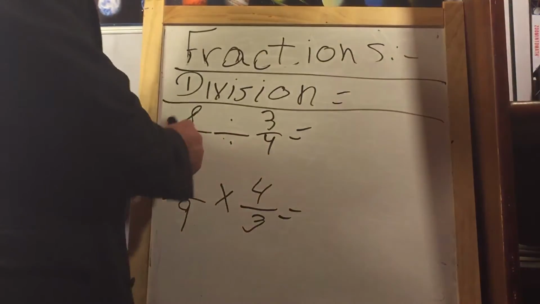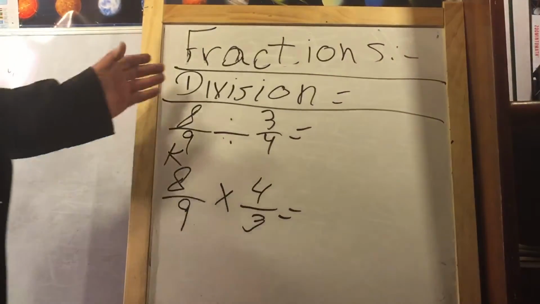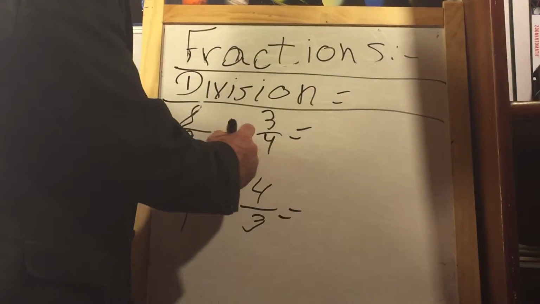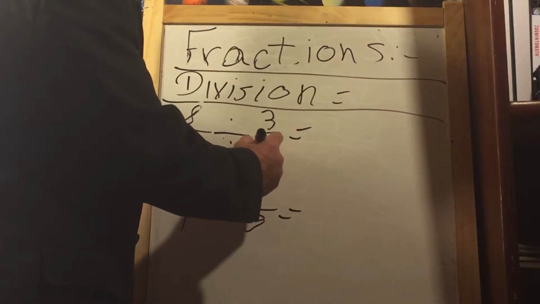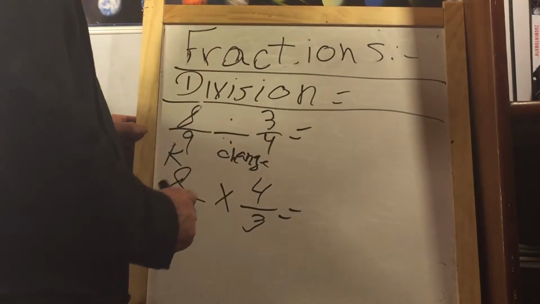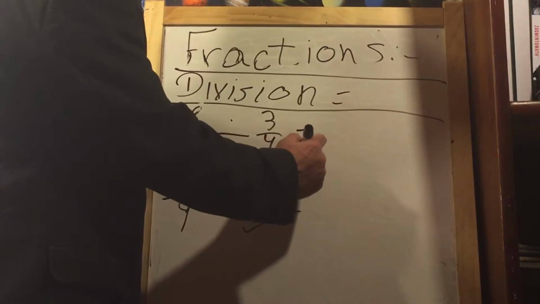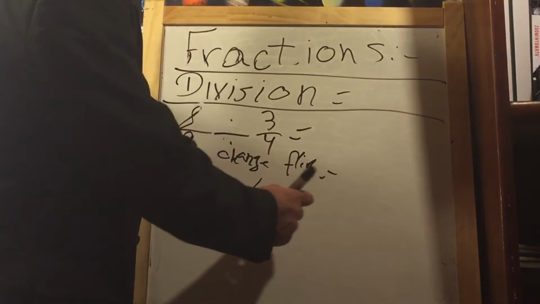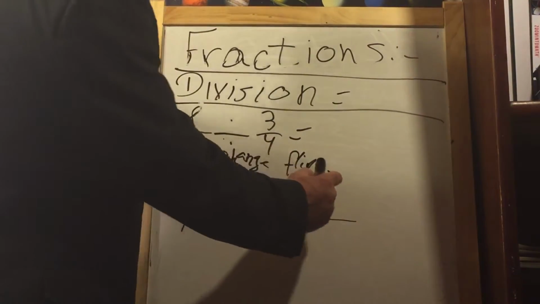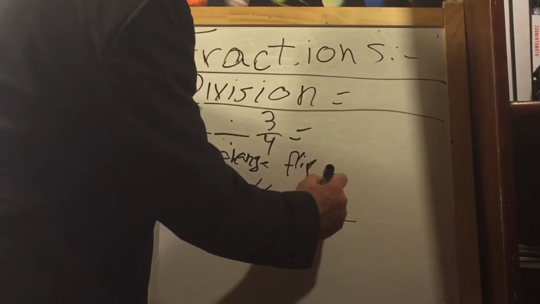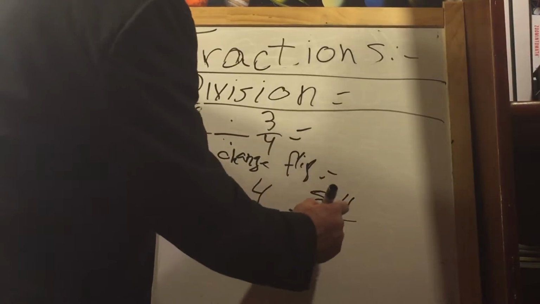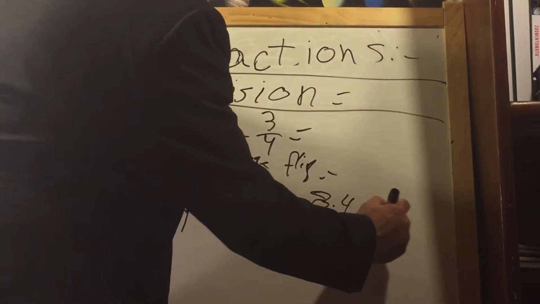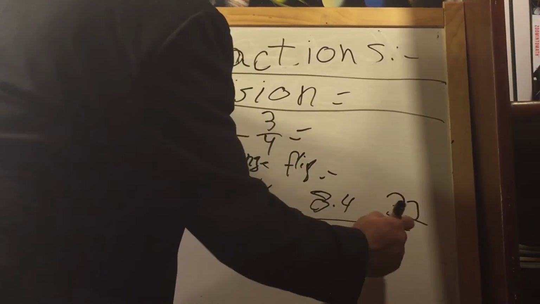Again, write it down: keep the first part, change the sign, and then flip this. That's it. So 8 over 9 times 4 over 3 becomes 8 times 4, which is 32, over 9 times 3, which is 27. So it equals 32 over 27.